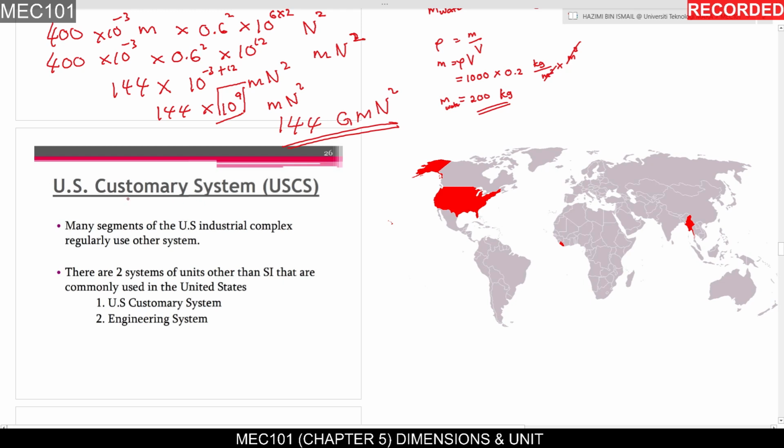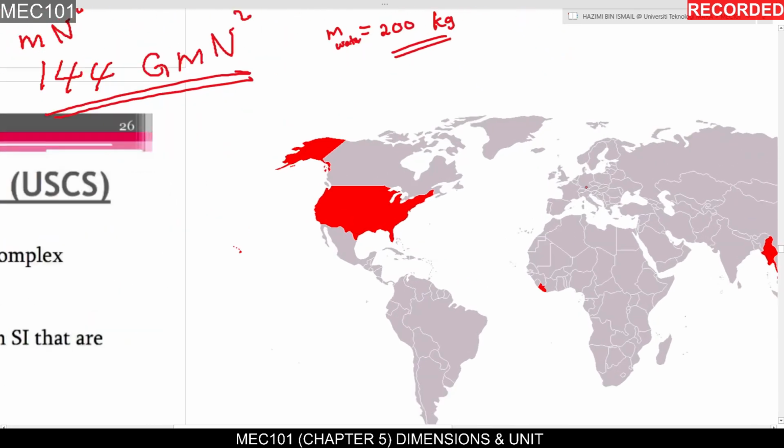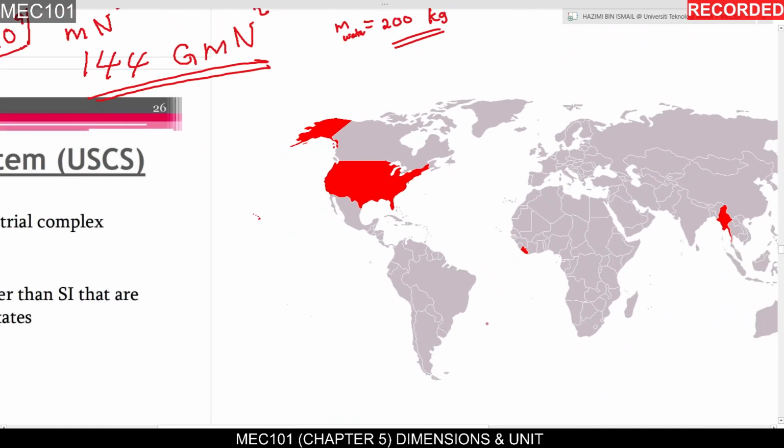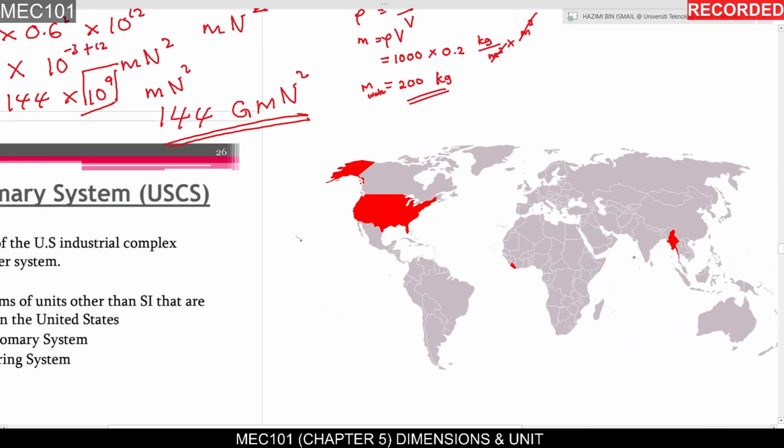Customary means custom, special. Okay, because this is based on the imperial units from the UK, but the UK itself is implementing the SI unit. Okay, so these countries are stubborn. Why? Because the US is the biggest economy in the world, with the most powerful army in the world.